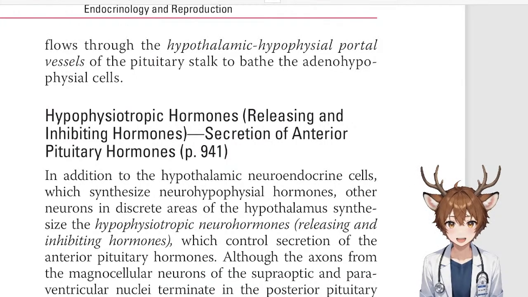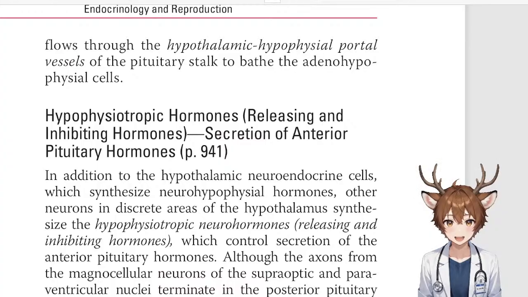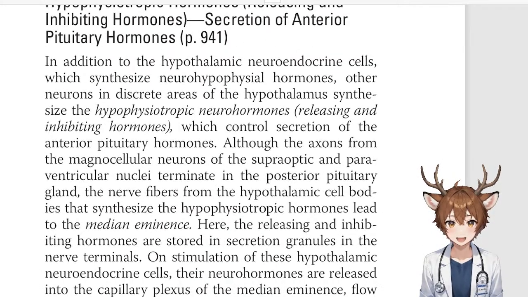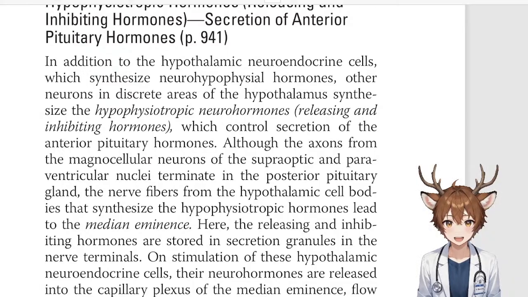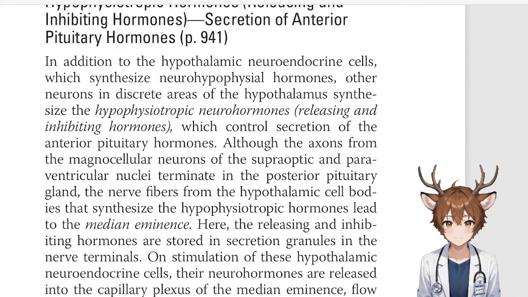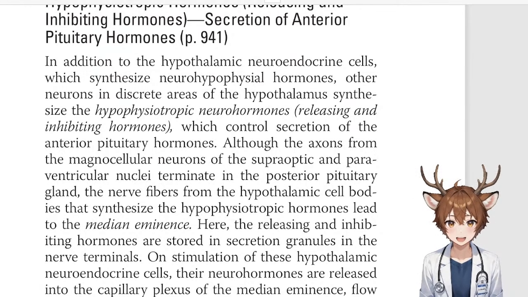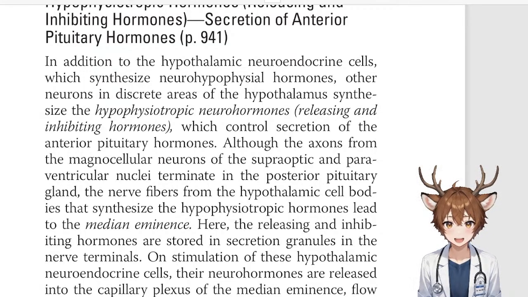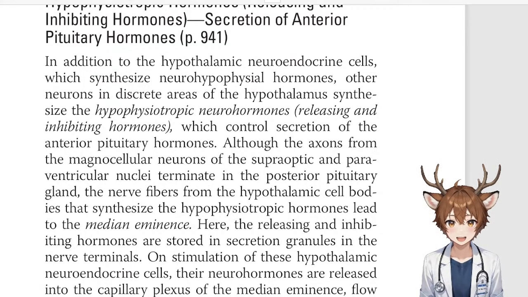Hypophysiotropic hormones, releasing and inhibiting hormones, and secretion of anterior pituitary hormones. In addition to the hypothalamic neuroendocrine cells, which synthesize neurohypophyseal hormones, other neurons in discrete areas of the hypothalamus synthesize the hypophysiotropic neurohormones, releasing and inhibiting hormones, which control secretion of the anterior pituitary hormones.